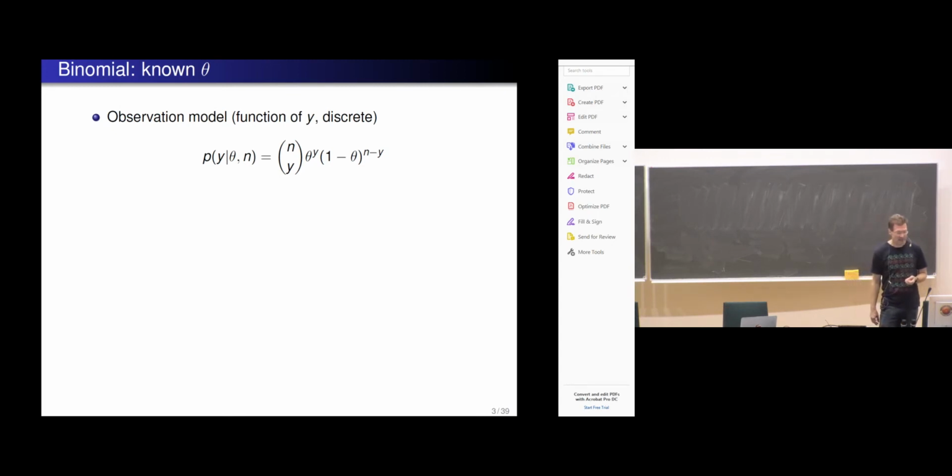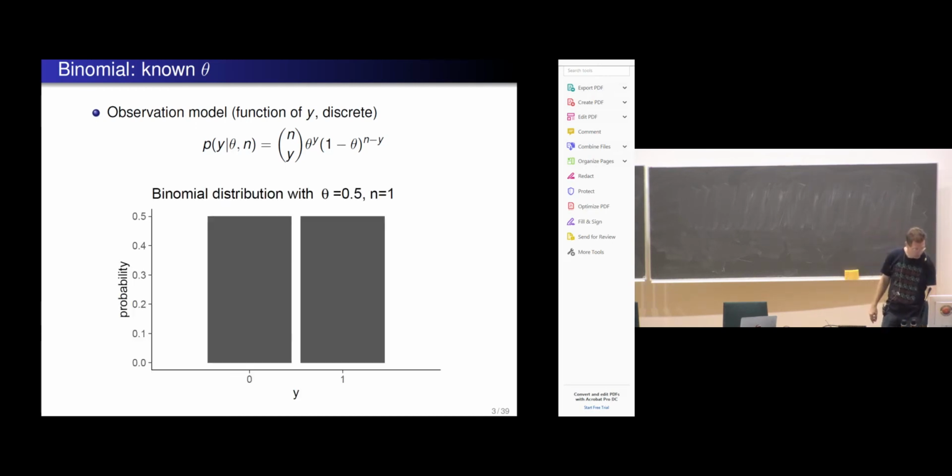So if we have fixed, let's say that I pick a chip 10 times, then for different numbers of reds I could pick with the 10 repetitions. This is a discrete function. If I do just one pick, the possible choices for y are either I get 0 reds or 1 red. And if there's an equal number of red and yellow chips, then we would have the same probability for both of these observations.